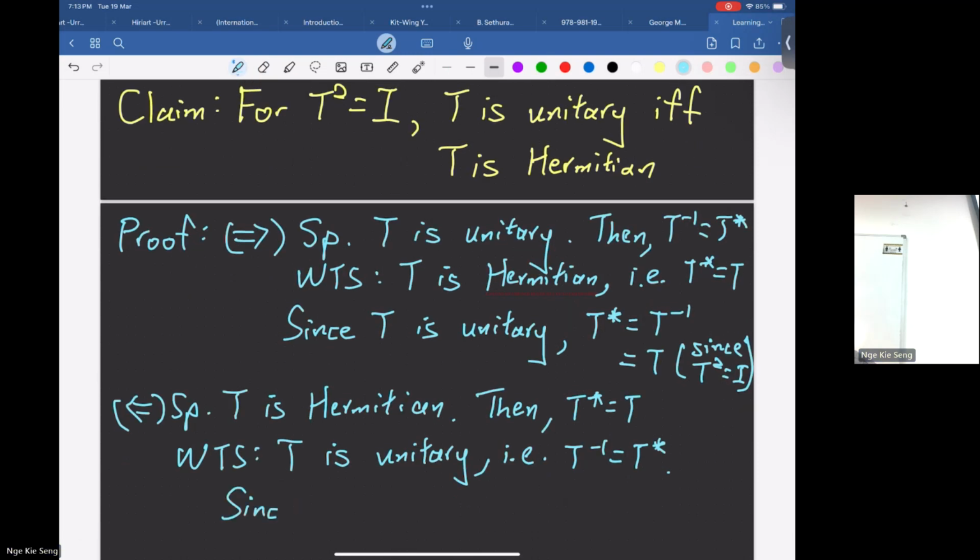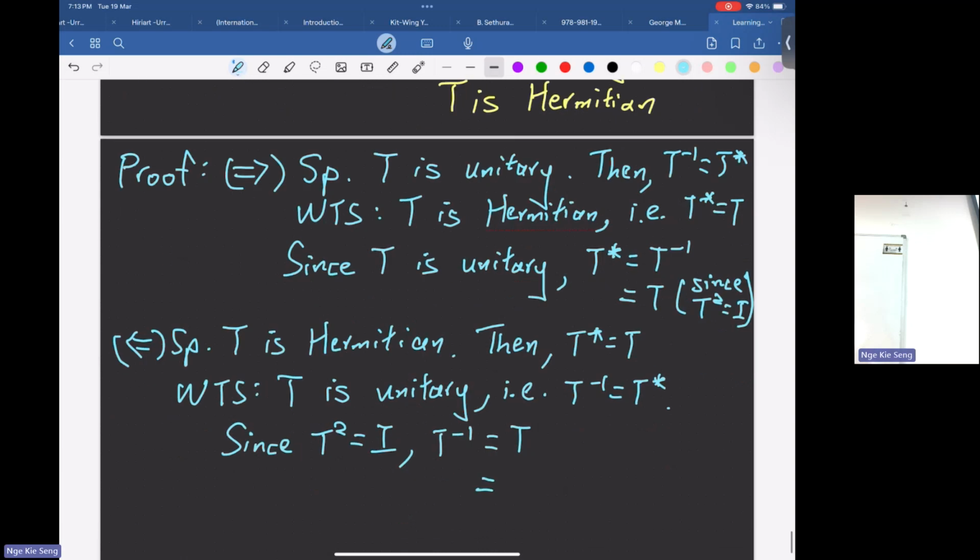Since T squared equals identity, T inverse is T again. But T equals T dagger since T is Hermitian.